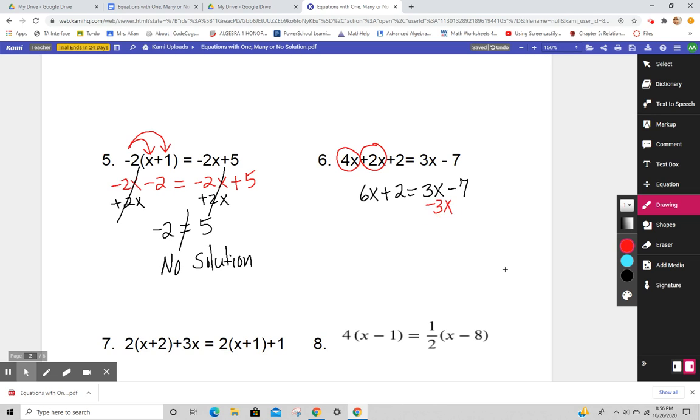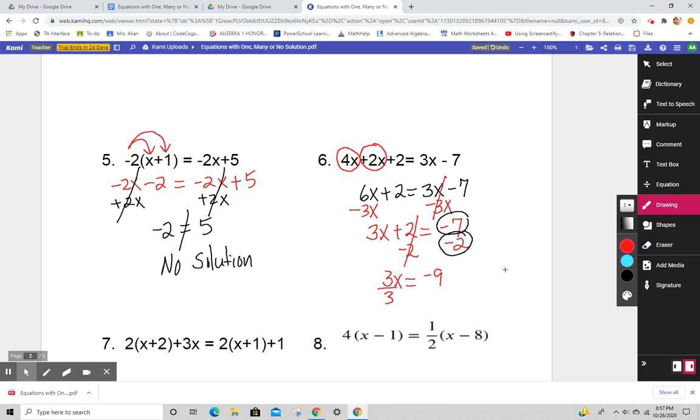So let's subtract 3x from both sides. 6x minus 3x, well, that's 3x, plus 2 equals negative 7. We keep solving. Subtract 2, we'll get 3x equals, I have negative 7 here and negative 2 combined. That gives me negative 9.